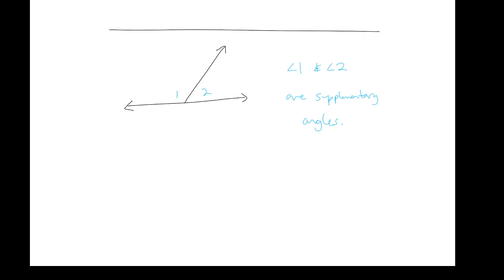Supplementary angles, by definition, are going to have a degree measurement that's 180 degrees. And these two angles that I have above, for sure, we're going to talk about that specific instance as to why, when we see those, they are always going to be supplementary.